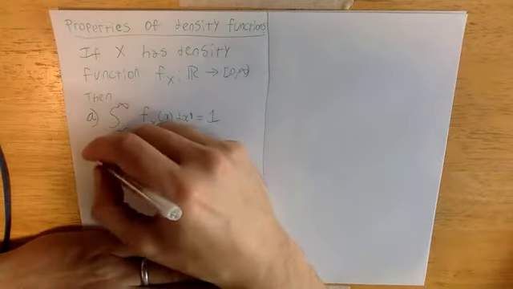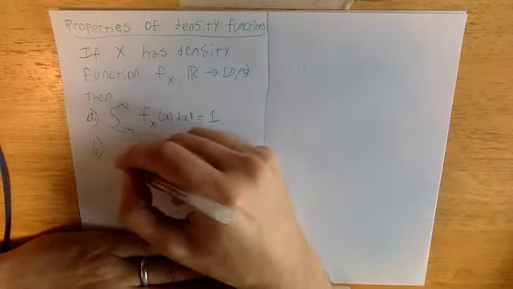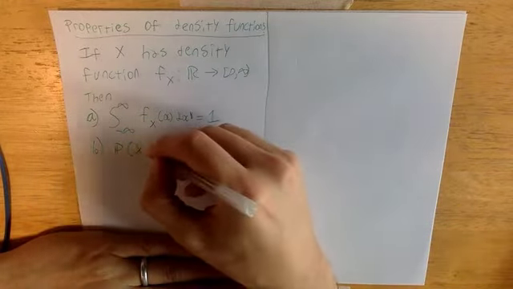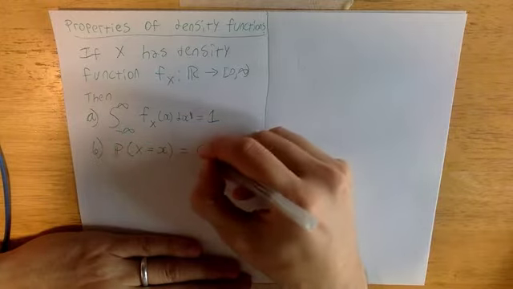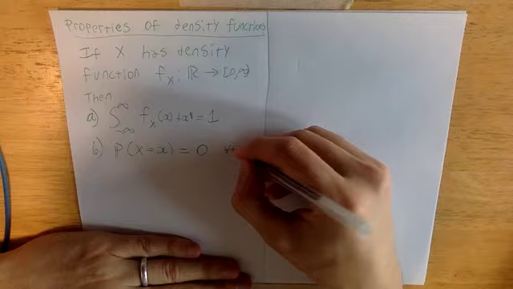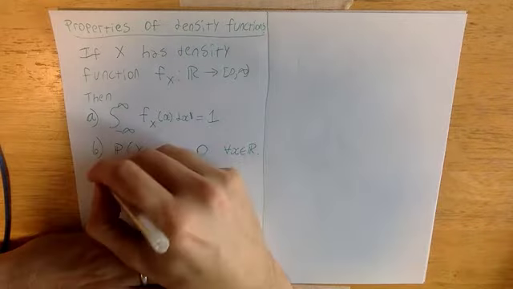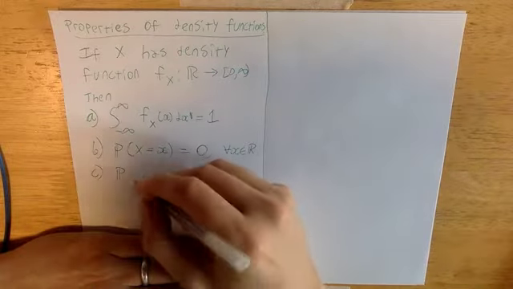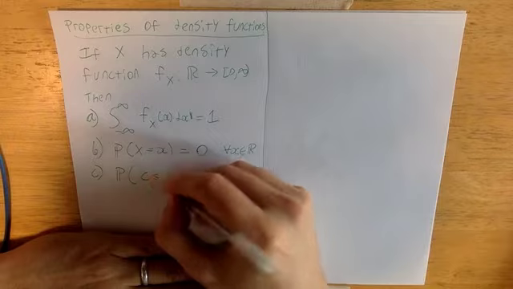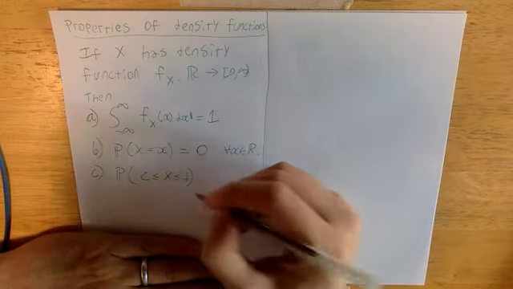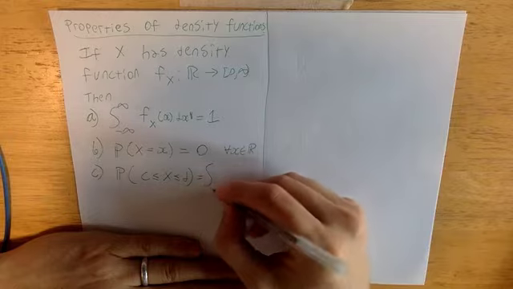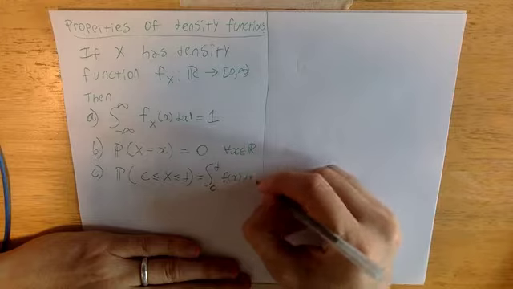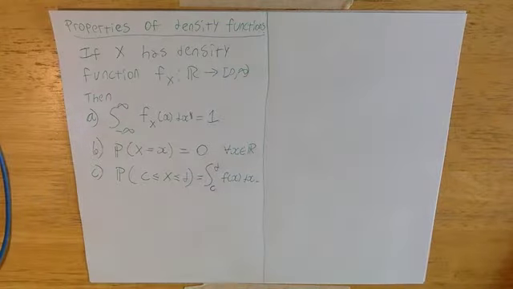The second one would be that the probability that x is equal to x is equal to 0 for every x in R. And third, the probability that c is less or equal than x, which is less or equal than d, is equal to the integral from c to d of f(x) dx. Okay, so these are the things that we've been discussing now.